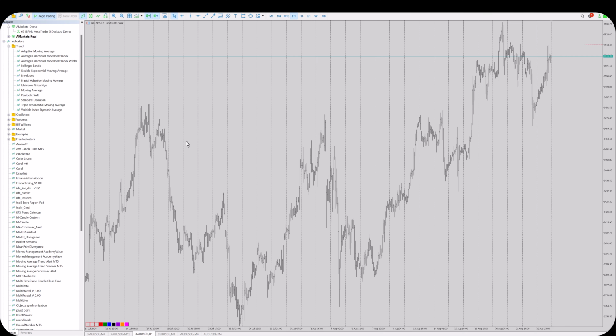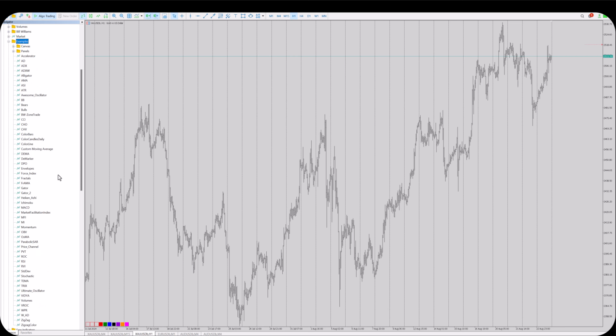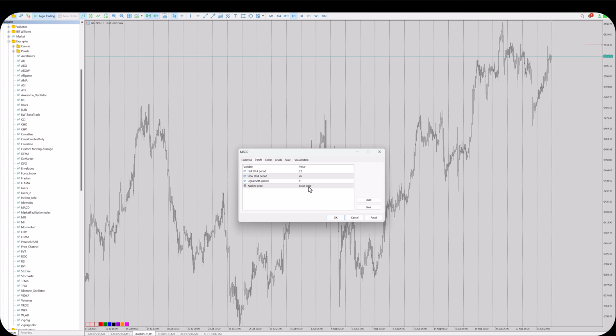Okay, what we need today, I normally use simple MACD and simple stochastic, nothing fancy. As you can see, this is the example. All right, this is the standard MACD, right? So let me change the colors so you can see it in the chart. Red.